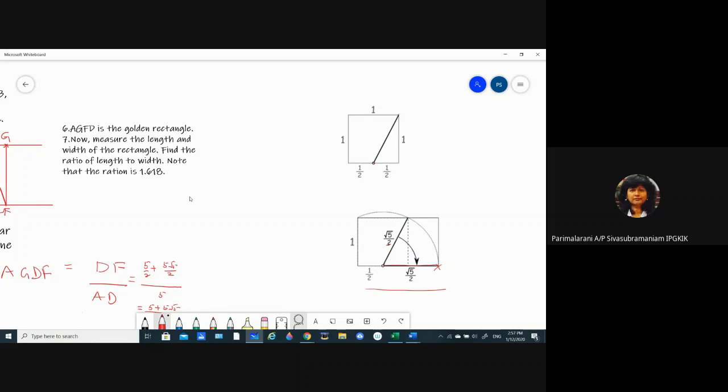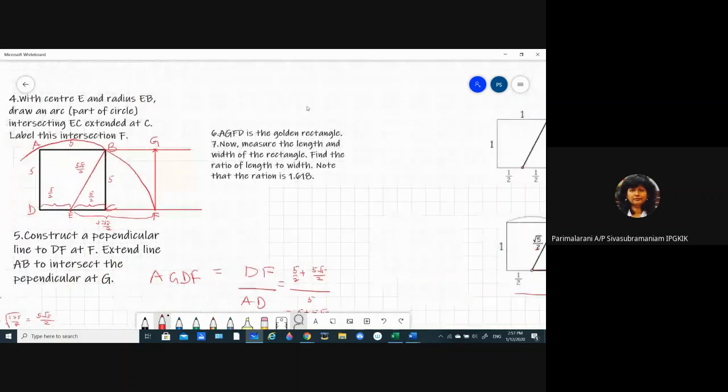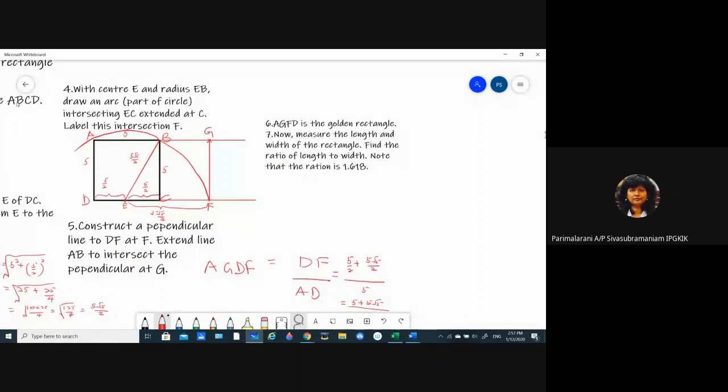Then you can find the whole length of the rectangle is 1 over 2 plus square root 5 over 2. In this case, 1 over 2 plus square root 5 over 2 divided by 1, and this is 1.618. So this follows the golden ratio. Okay, so this is how you draw a golden rectangle that follows the golden ratio. Okay, class?